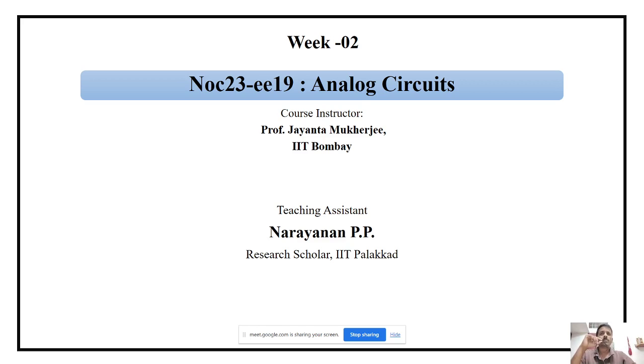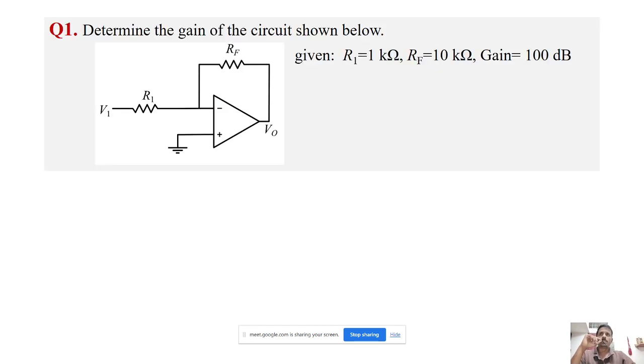So we'll be solving a few questions related to only the week 2 portions, which will also help you in solving the week 2 assignments and understanding a few concepts, as sir has taken all the concepts during week 2. So let me start with the questions. I have collected 10 questions for solving, and we'll start with the first question.